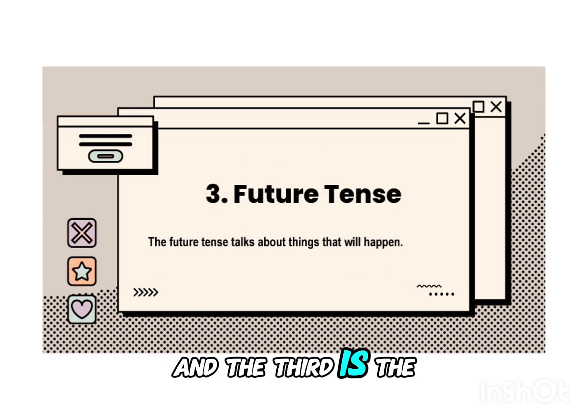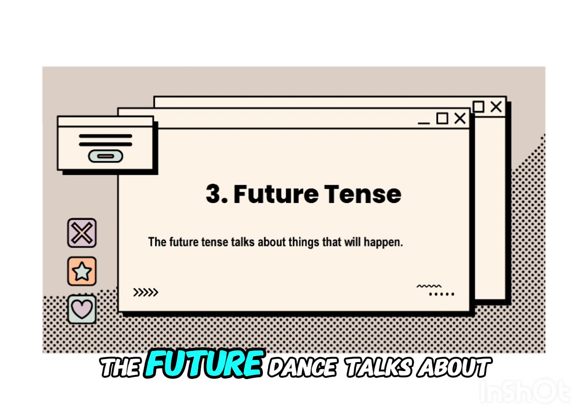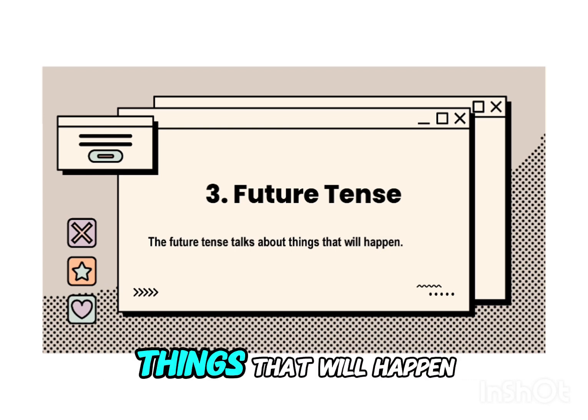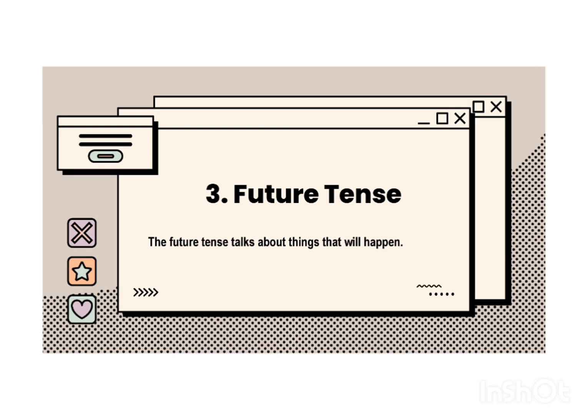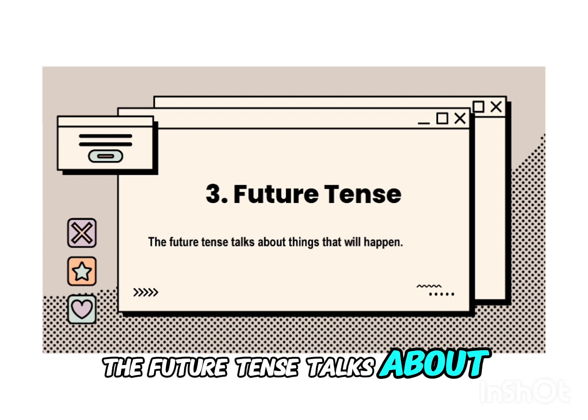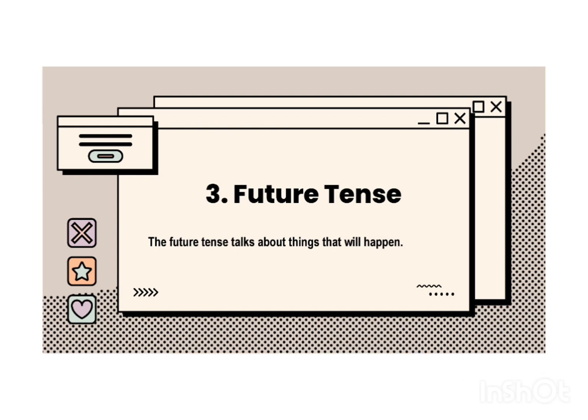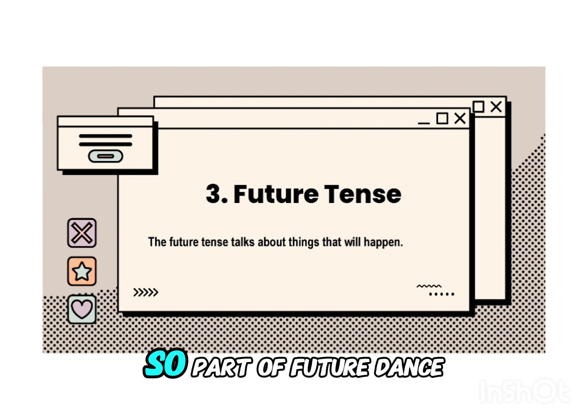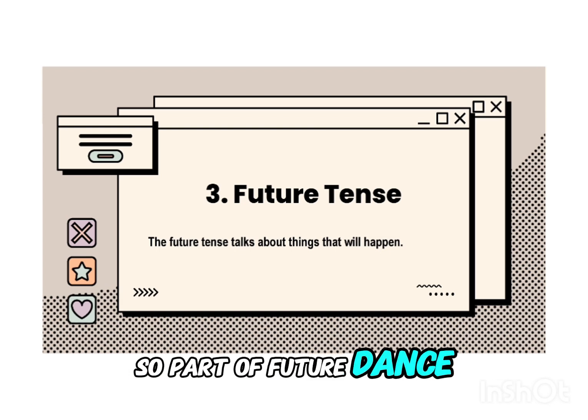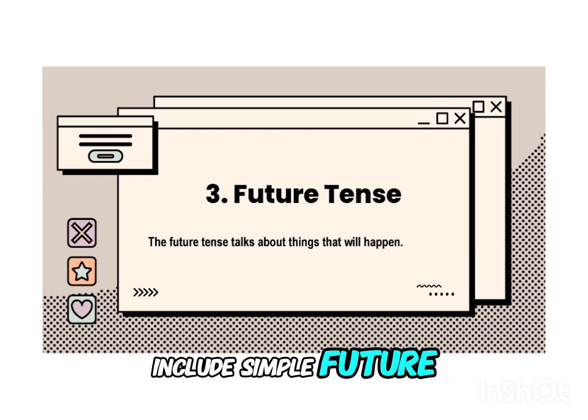And the third is the future tense as part of tenses. The future tense talks about things that will happen. It's the same, the future tense talks about actions that will happen. So part of future tense includes simple future.